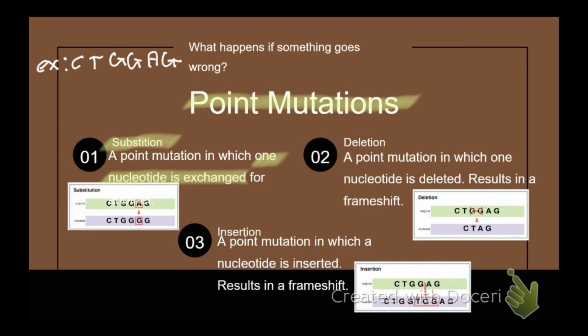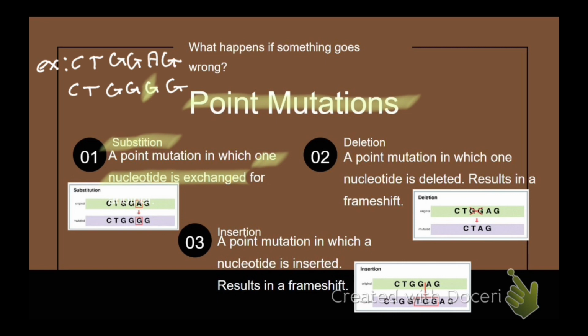However, if a mutation happens, a substitution mutation, this is what it will look like. C, T, G, G. What's different about this? What's been changed? G. Yeah, look right here. If it'll help you, I think it's nice to put an example right under the definition just because you can see it.